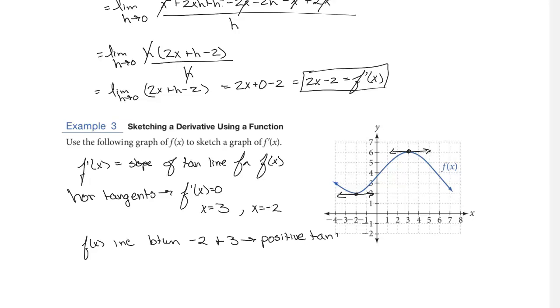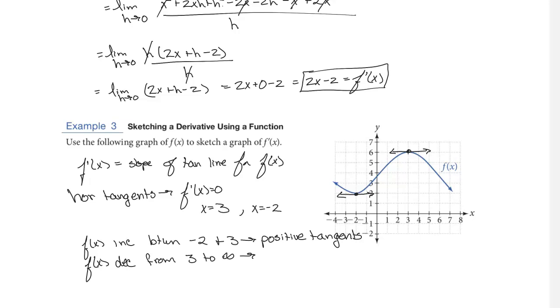So we're going to have positive tangents. If we look from 3 on, f is decreasing, from x equals 3 to infinity.